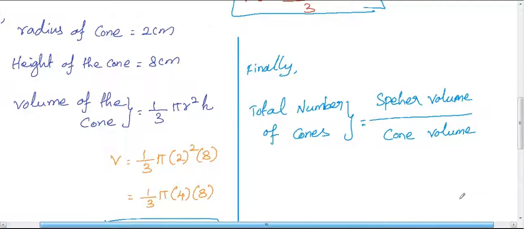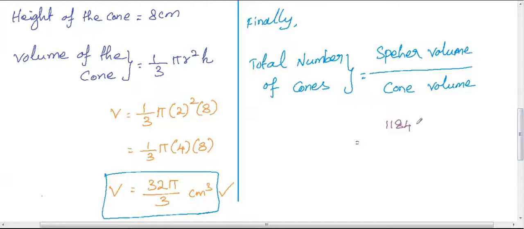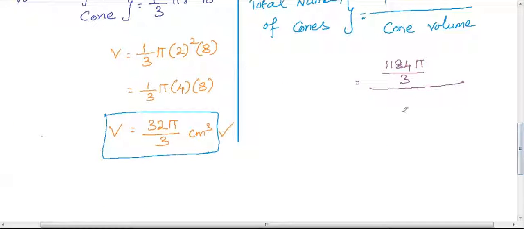The sphere volume is 1184 pi divided by 3 centimeter cube, divided by 32 pi divided by 3 centimeter cube.